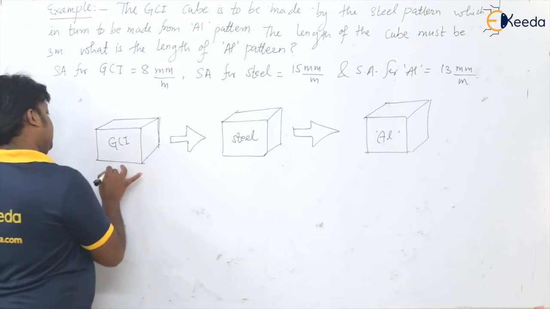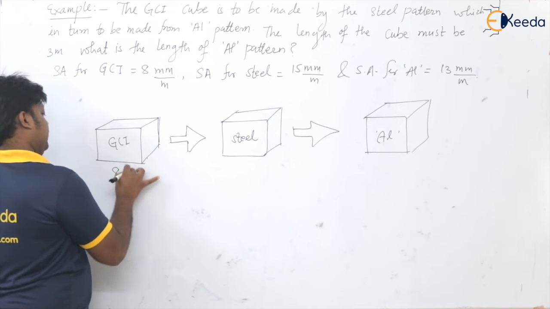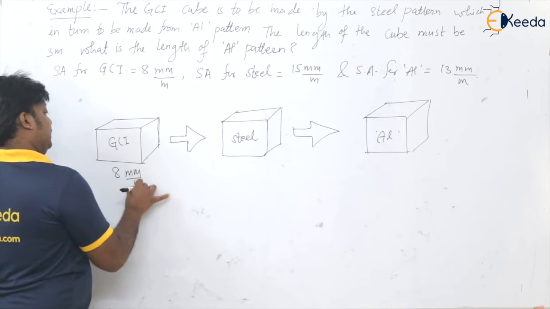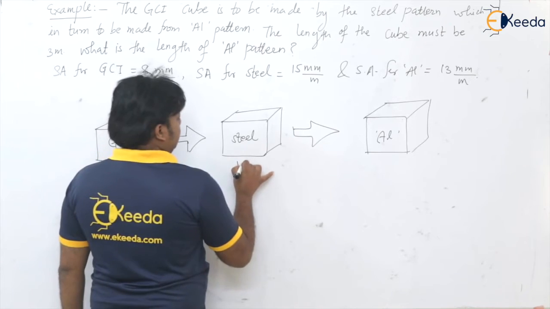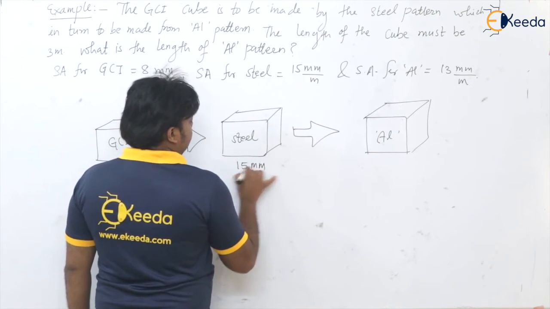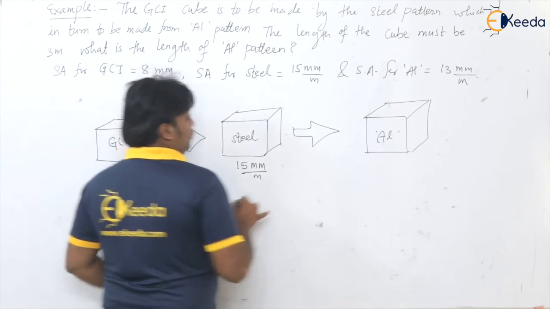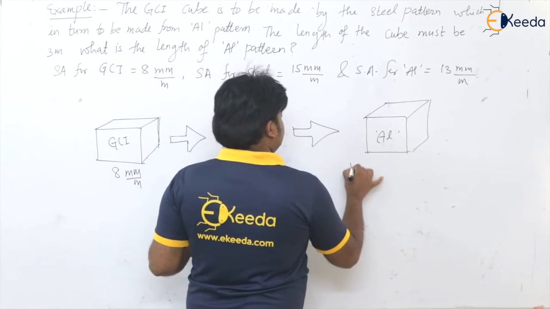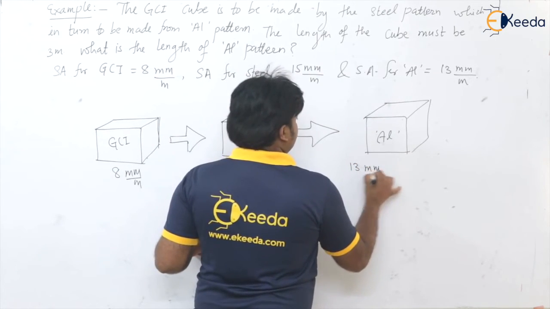So how much is the shrinkage allowance for grey cast iron? It is 8 mm per meter. For steel it is 15 mm per meter, and for aluminum it is 13 mm per meter.